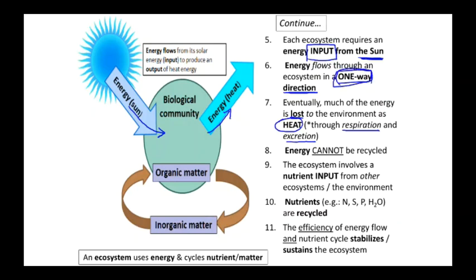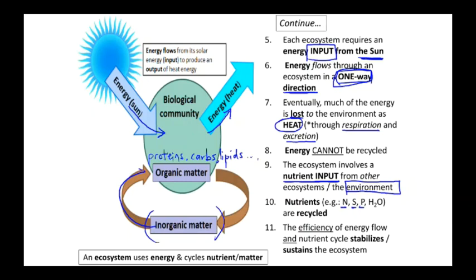Since the ecosystem is an open system, we will have the nutrient exchange with the surroundings. And that's why in this part you can see we will get the nutrient input from the environment. Examples of nutrients are nitrogen, sulfur, phosphorus. Why do we need these? Because we need them to make the organic matter, which are the proteins, carbohydrates, lipids, and so on. So you can see how this is recycled.